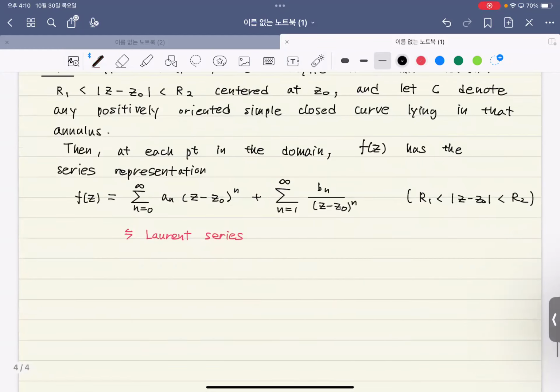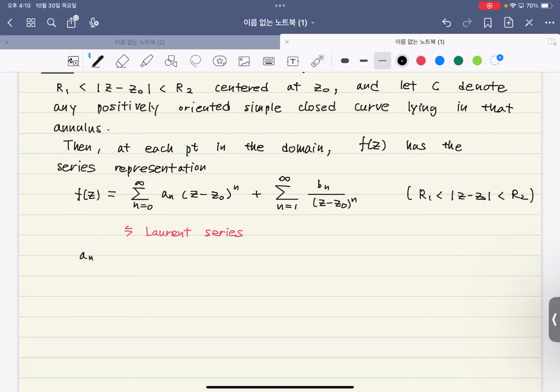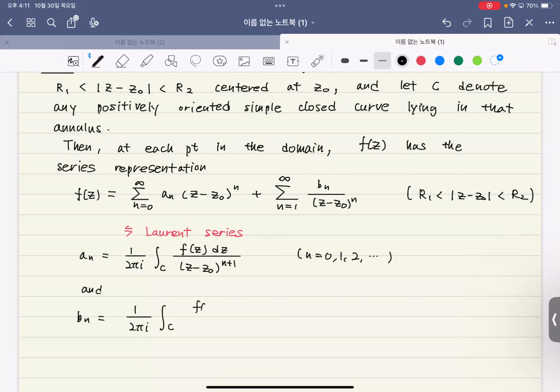And also, on top of that, these coefficients An and Bn can be computed by integrals, with indices from 0 to infinity. The index Bn is also 1 over 2 pi i times an integral involving z minus z0 to the power n plus 1.